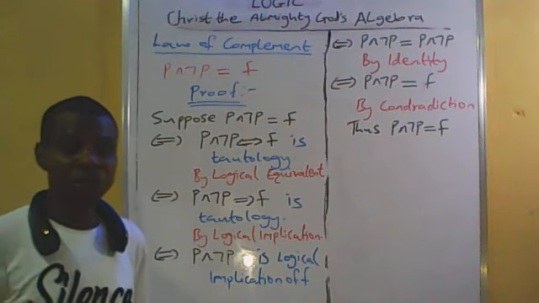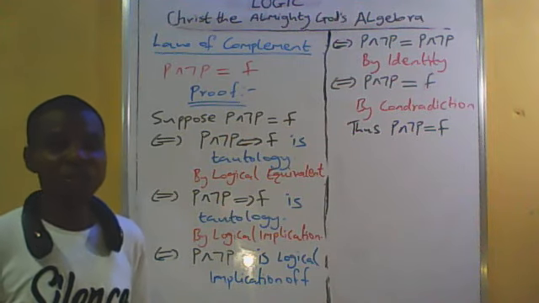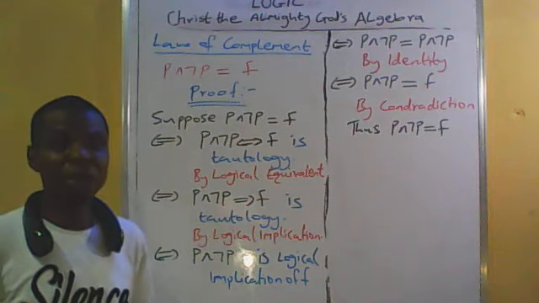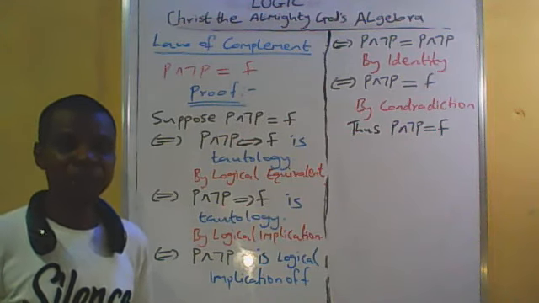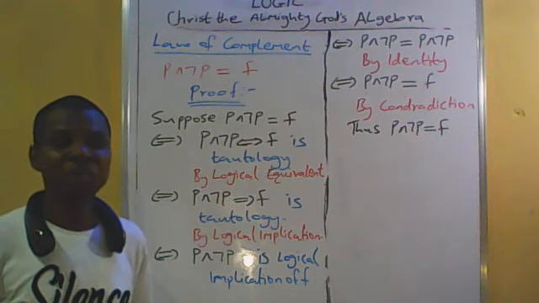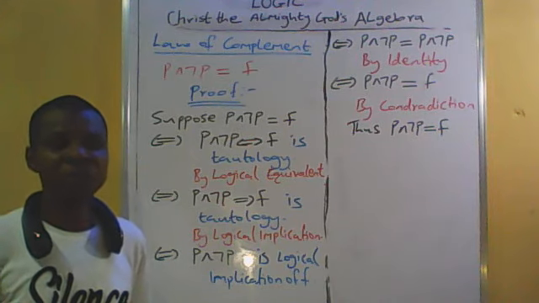Since it's logical equivalent, we are going to prove the converse so that, by the principle of essentiality, P and not P is equal to F is law of complement by conjunctive statement.